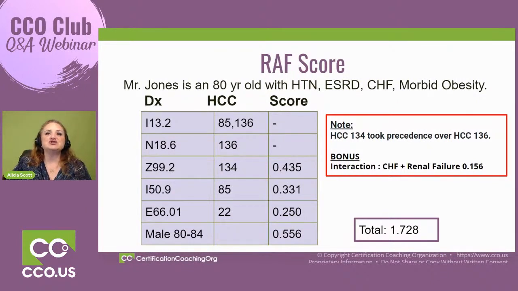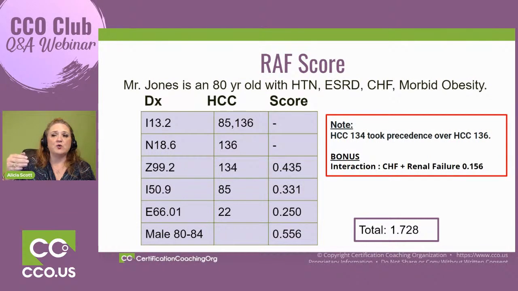All right, so Mr. Jones is 80 years old. He has hypertension, end-stage renal disease, congestive heart failure, and morbid obesity. Now, before we go into the graphic, let's look at the red box. Remember I mentioned the 18 and the 19 for diabetes? Well, that happens with this particular category for end-stage renal disease and dialysis.